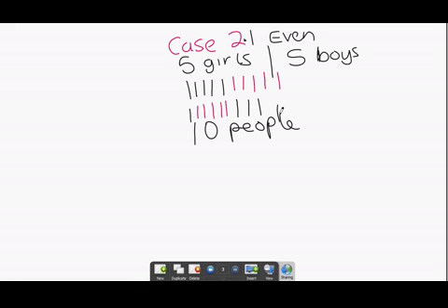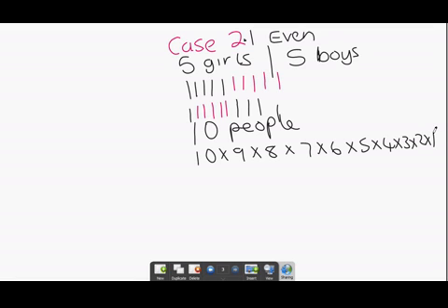Now if I want to find out how many different ways I can arrange 10 different people without any condition, I am going to say 10 times 9 times 8 times 7 times 6 times 5 times 4 times 3 times 2 times 1. This is the number of ways in which you can arrange 10 different people.